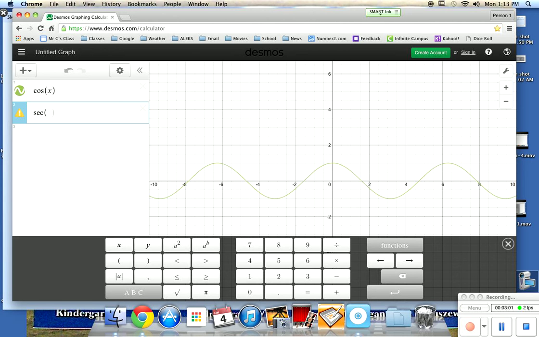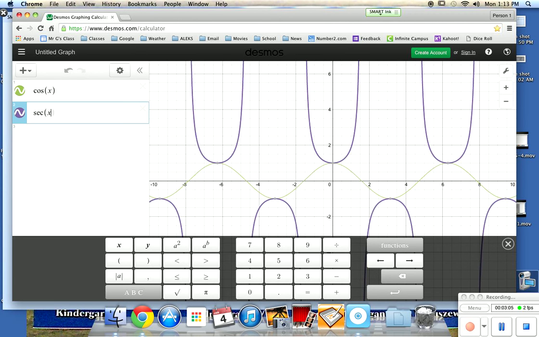Same thing as the sine and the cosecant. Okay, if you take a look where cosine equals 0, it's never going to quite touch that point. All right, it's going to get real close to it, but never quite touch it.